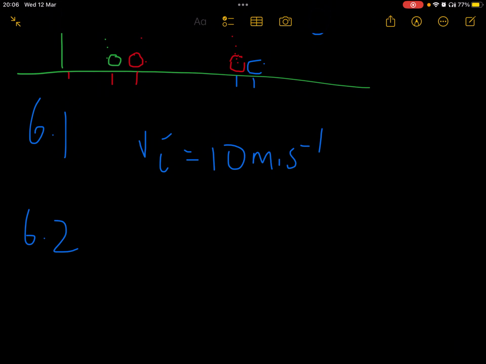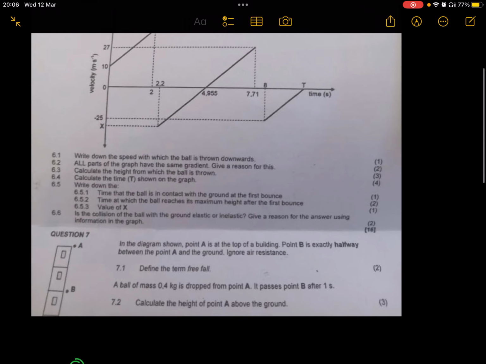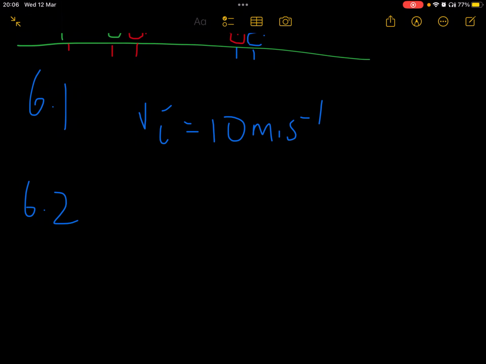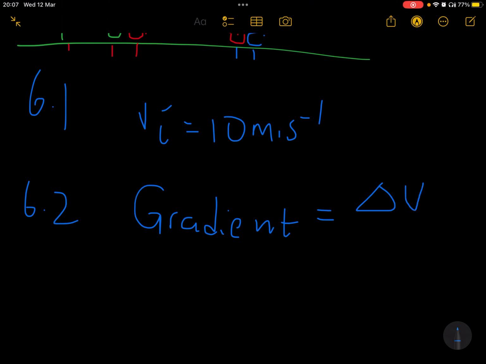6.2. All parts of the graph have the same gradient. Give a reason for this. All right, the gradient is change in velocity over change in time, and it is an acceleration.